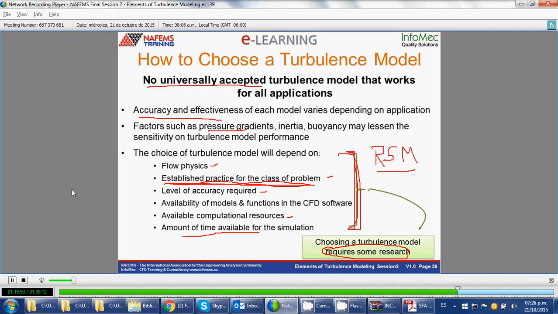People have been looking at different types of turbulence models for different things, and they have refined some models. For example, for certain applications, they've changed the standard K epsilon to something more refined. So you want to know what people have used. That would be your starting point, rather than starting and checking every single model to see which one does better for your case.